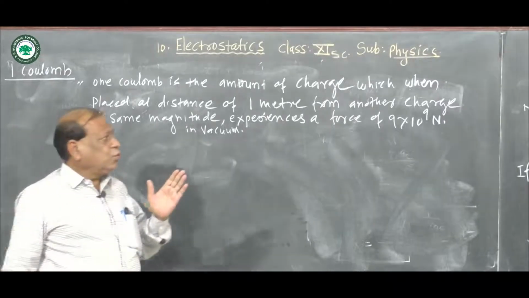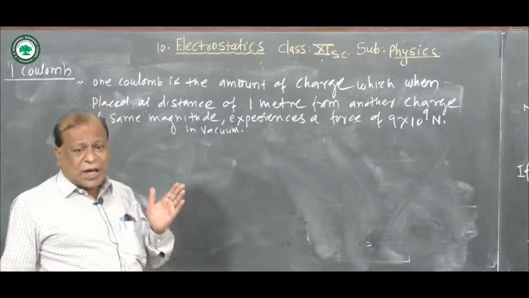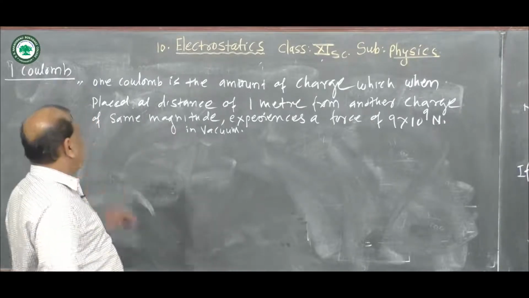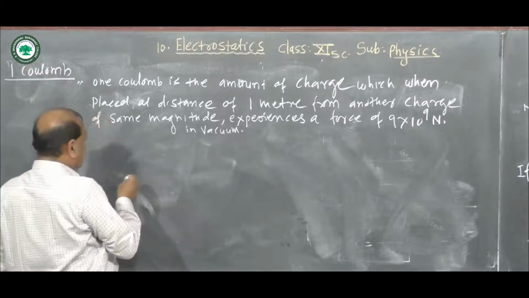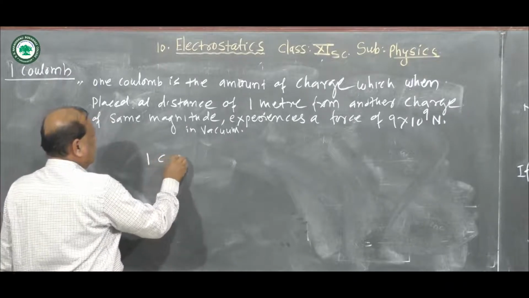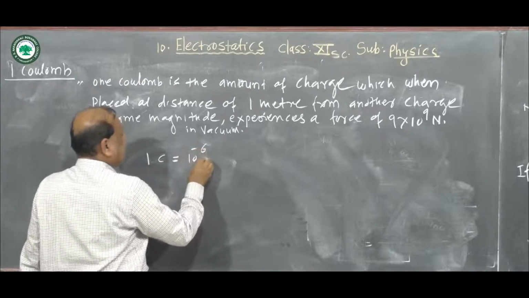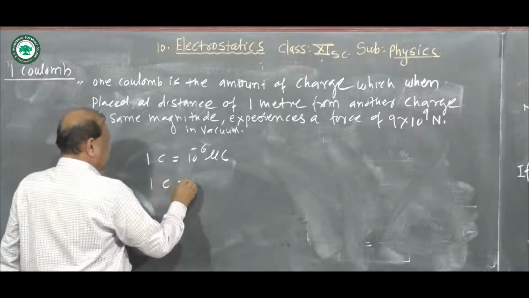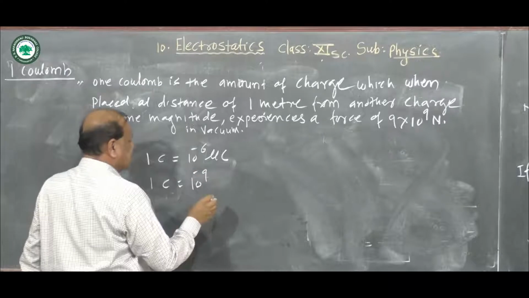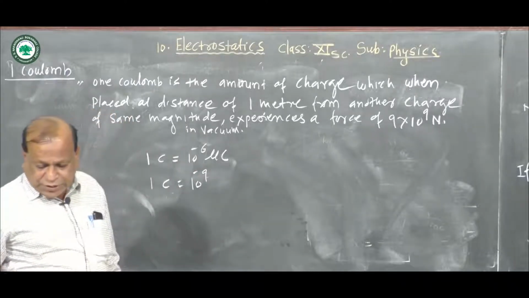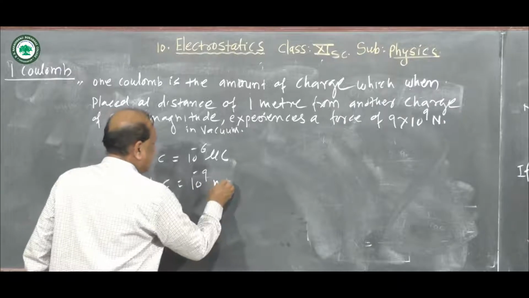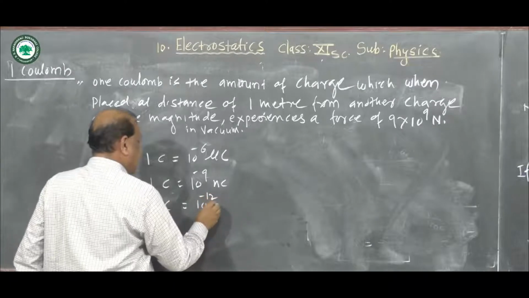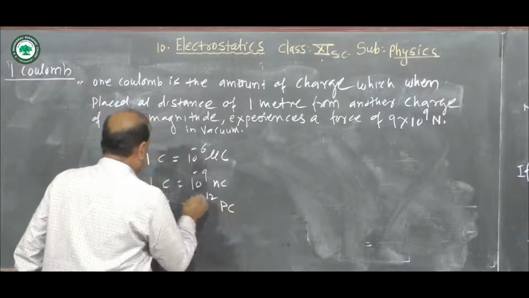Now the value of 1 coulomb is very large, and there are some smaller units of the coulomb. That is, 1 microcoulomb is equal to 10 raised to minus 6 coulomb, 1 nanocoulomb is equal to 10 raised to minus 9 coulomb, and 1 picocoulomb is equal to 10 raised to minus 12 coulomb.